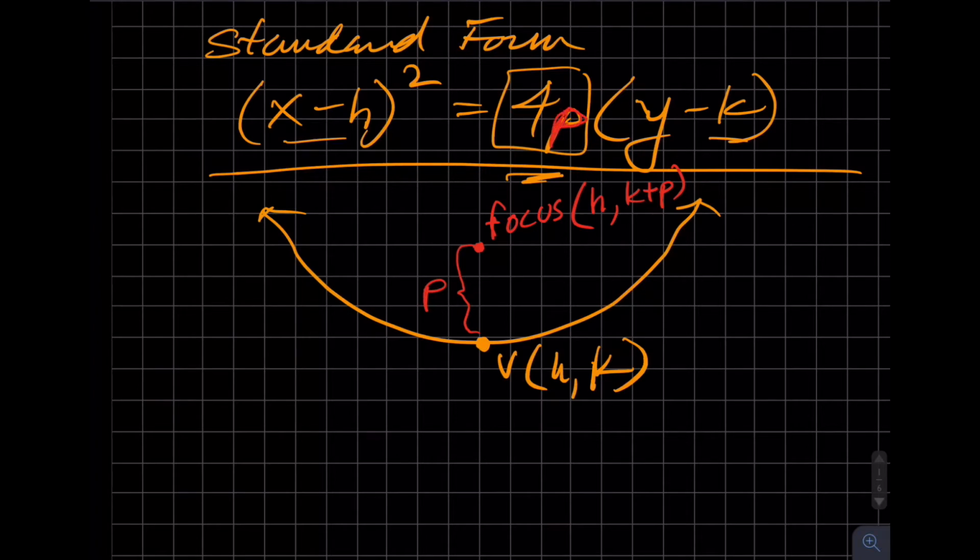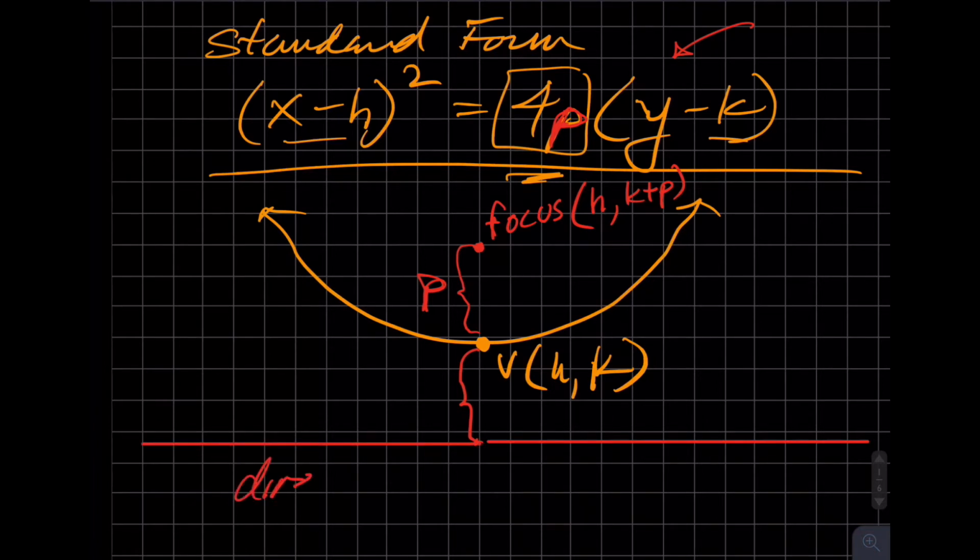And so that's why we end up writing it this way. That value, p, means something to us. And in fact, it means even a little bit more. The distance from here to this line that I'm drawing underneath here is called the directrix.